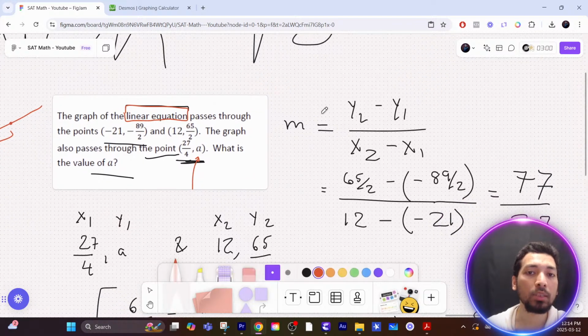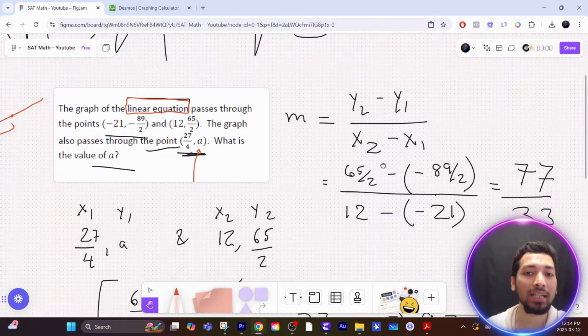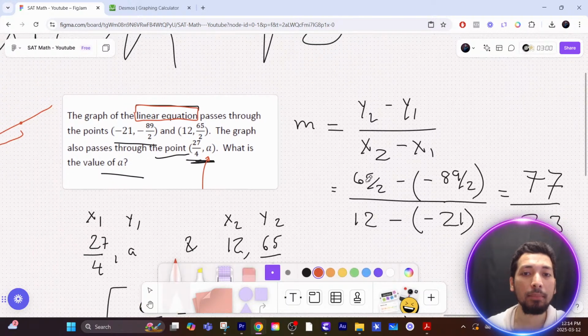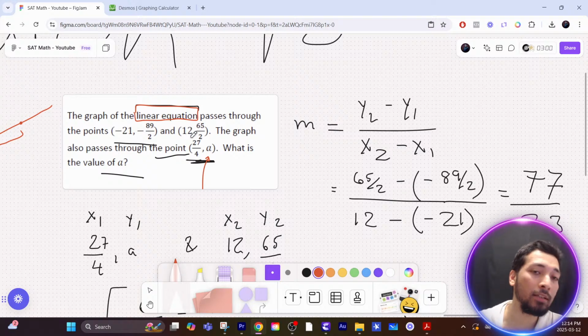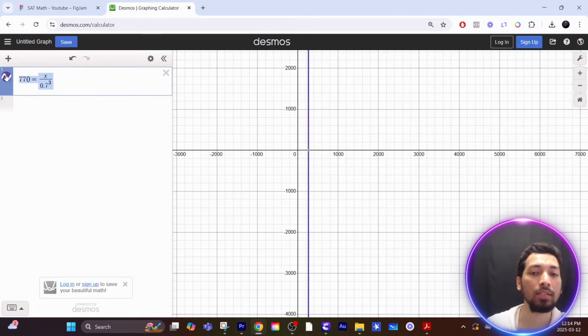Now the slope equation is m is equal to y2 minus y1 over x2 minus x1, and if you just set it up, we have this as y2 and this as y1. This is x2 and this is x1. So we have 65 over 2 minus negative 89 over 2. So if we subtract, this turns into positive 77, and we can just go and check using DESMOS.